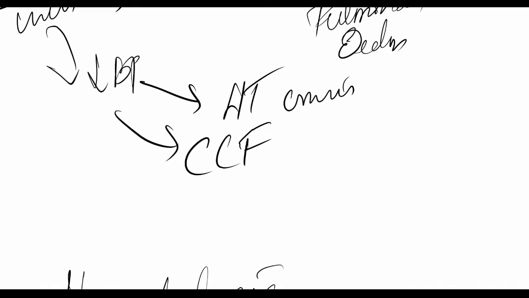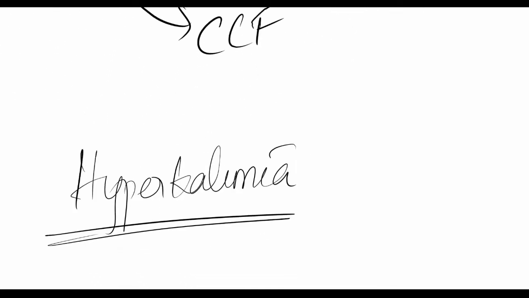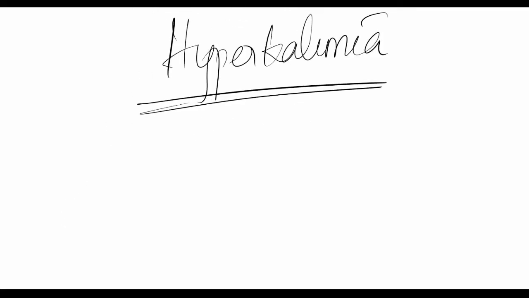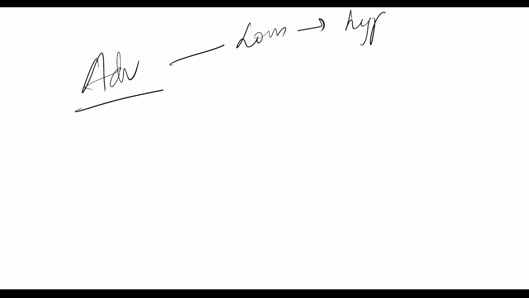Now we'll come to the final part of this video, the adverse effects. As I already said, you're going to have loss of ions, so hypocalcemia, hypokalemia, hyponatremia. These are the things you can commonly expect.